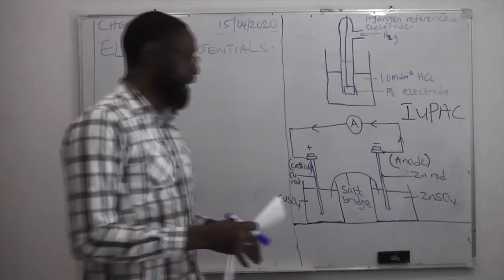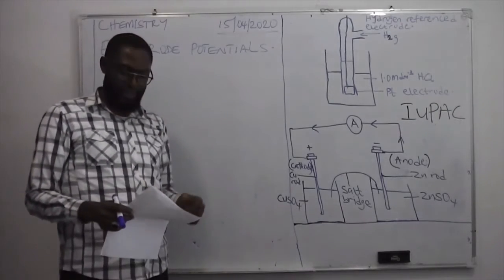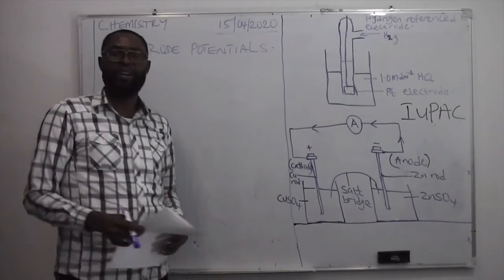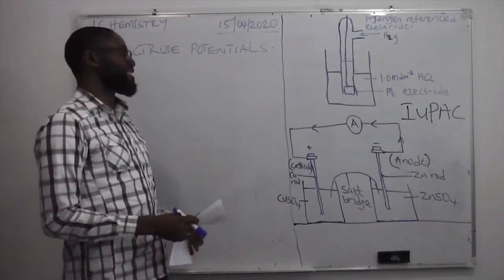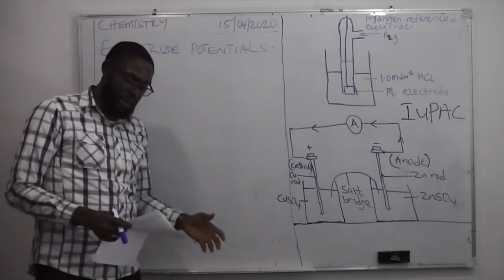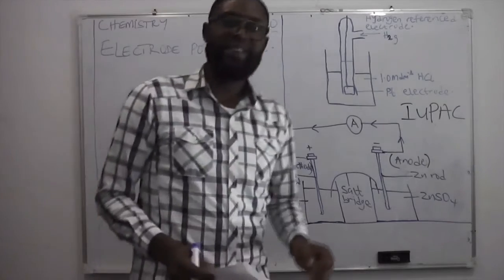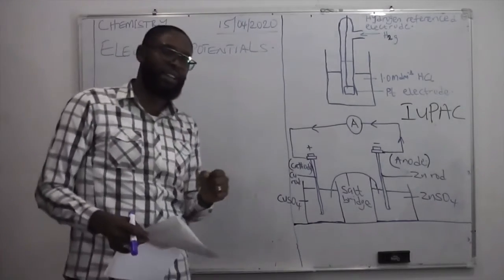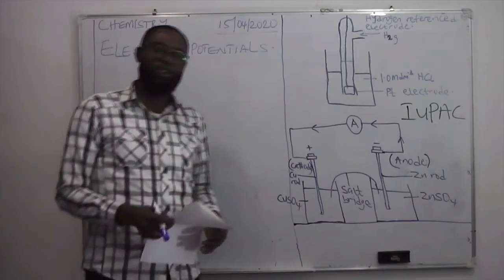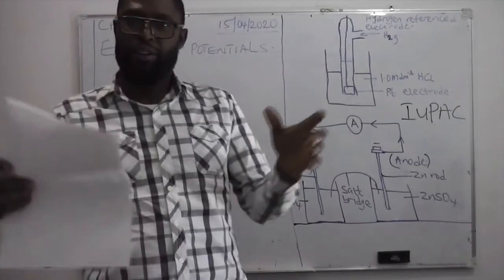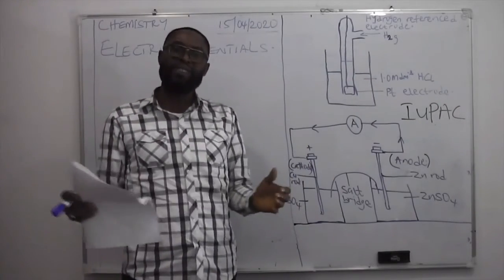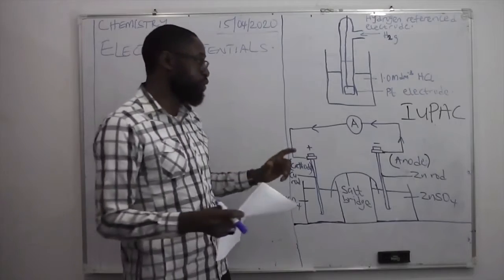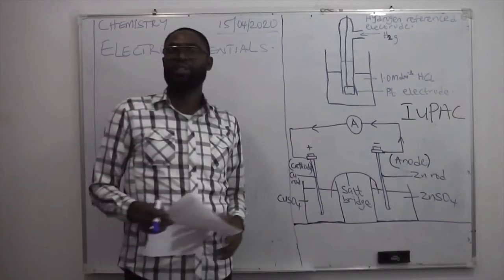Without wasting much time, let's look at the electromotive force, EMF, as you all know it from your physics class. EMF. This is a force that is generated as a result of the algebraic summation of two different half cells that are connected through what is called a bridge.